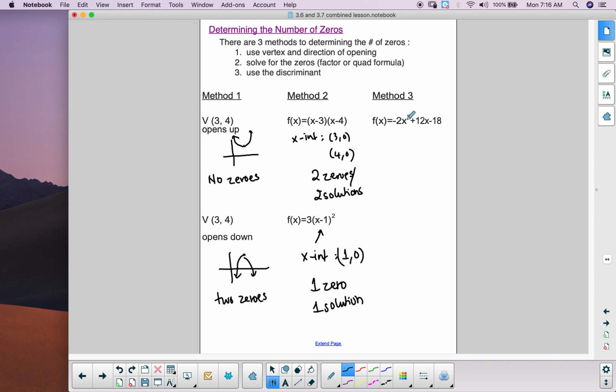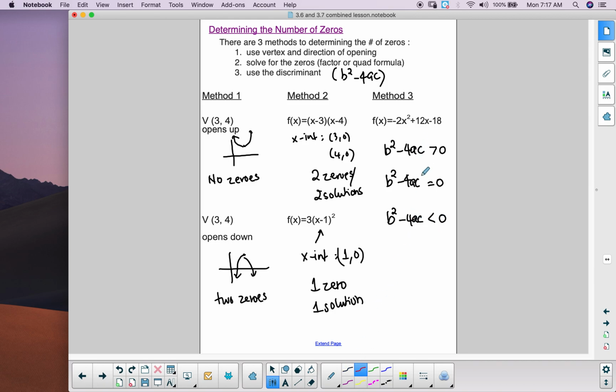And if it's given to you in the standard form, then you can use what's called the discriminant. The discriminant is b squared minus 4ac, which you see in the quadratic formula. If you do b squared minus 4ac, you could get three scenarios: a value greater than 0, equal to 0, or less than 0.